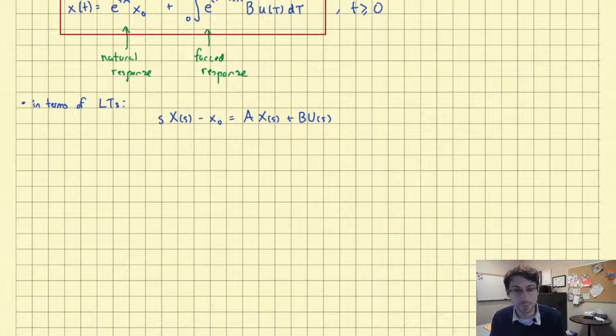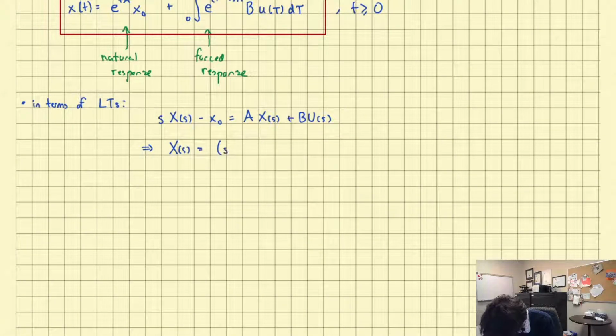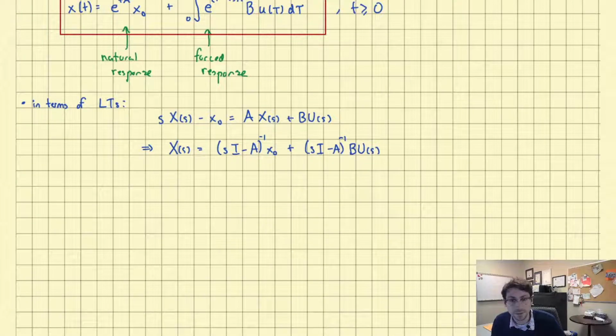Here, I've kept the initial condition, the x sub 0. Okay, rearrange. And we get the following.